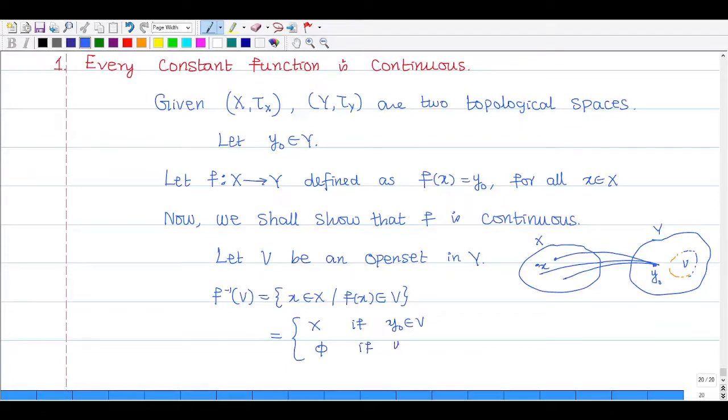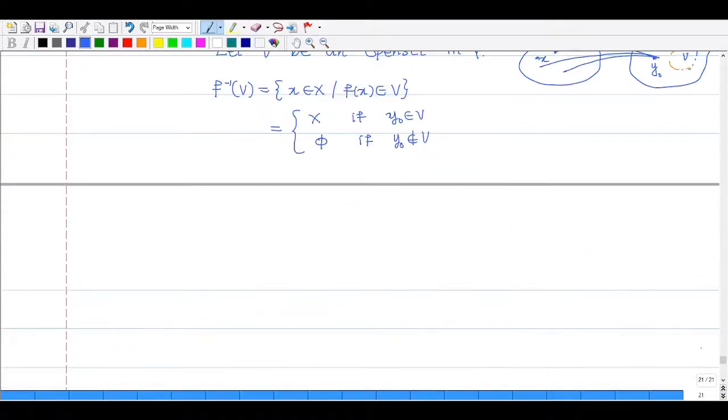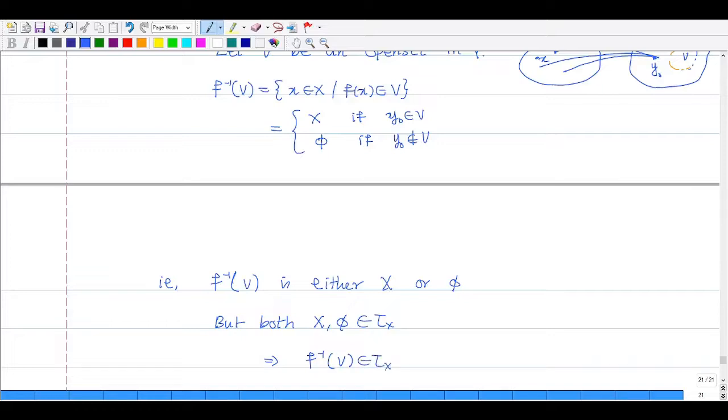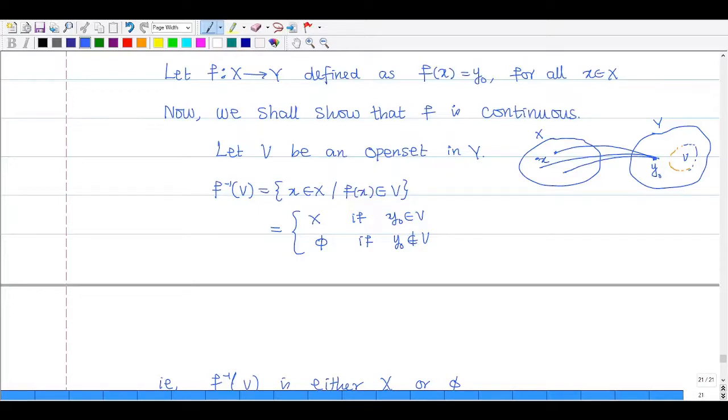So f inverse of V is either the whole set or the empty set, and both X and the empty set are open, belonging to tau X. So f inverse of V belongs to tau X. If y₀ is outside V, f inverse of V is the empty set; if y₀ is inside V, the inverse image is the whole set. Just understand this, nothing else.